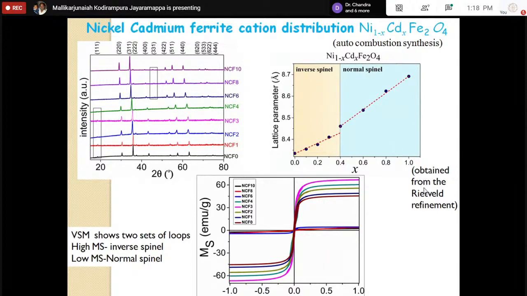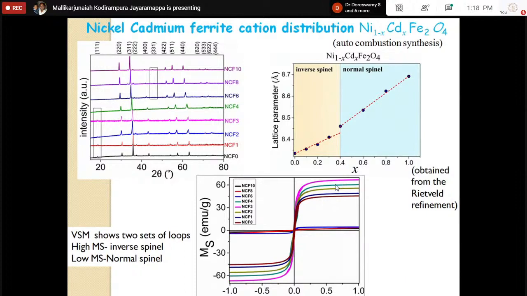This we got from Rietveld analysis, and VSM measurements did not let us make that statement explicitly, though as you can see, the NCF3 corresponding to the highest magnetization, we were able to see qualitatively.